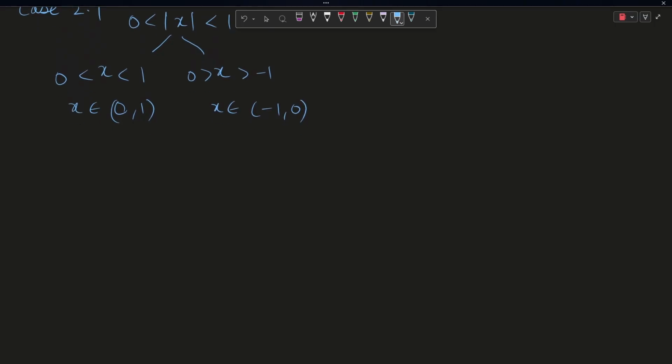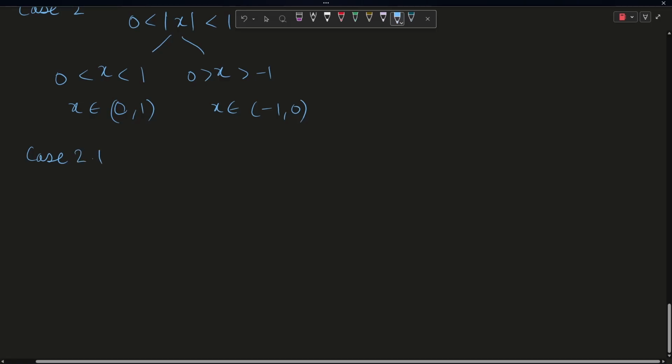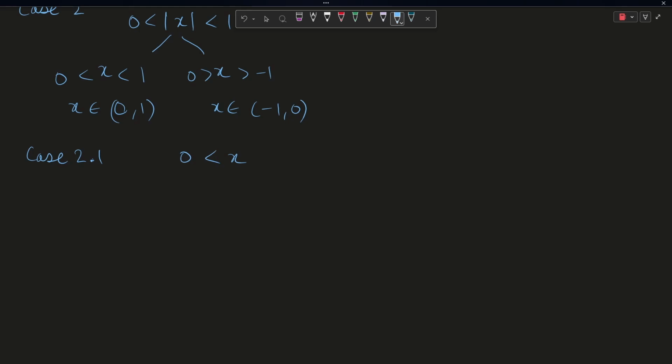So case 2.1 comes when I am opening the mod x as x, right? Now see, in this case, the mod x value, the base, is between 0 and 1, hence the sign of inequality will change.